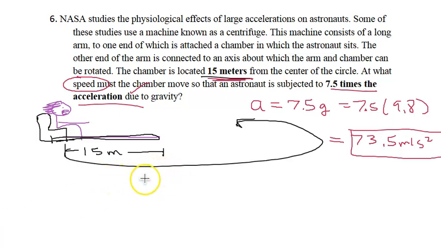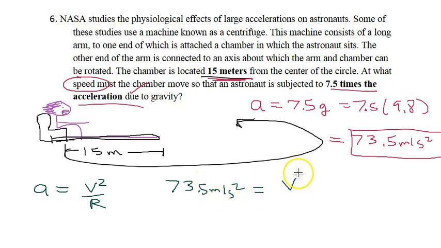And then the second part, again, is the plug and chug into the formula: the centripetal acceleration that the astronaut feels is equal to v squared over r. And we have r, and we're looking for v, and we calculated what a needed to be. So a is 73.5. That is going to equal our unknown squared over the radius, which is 15.